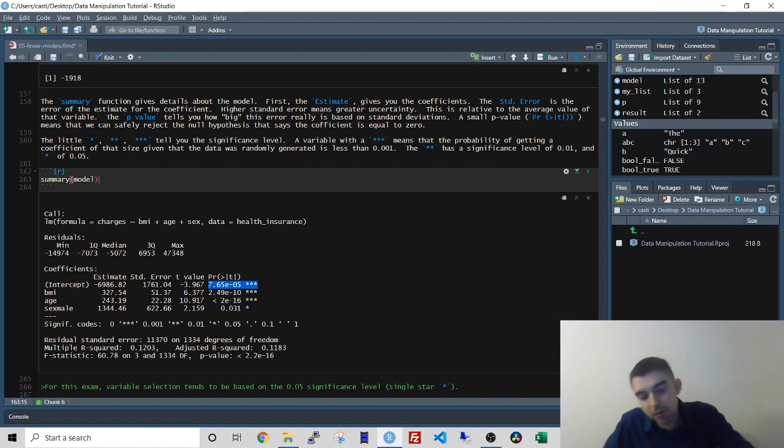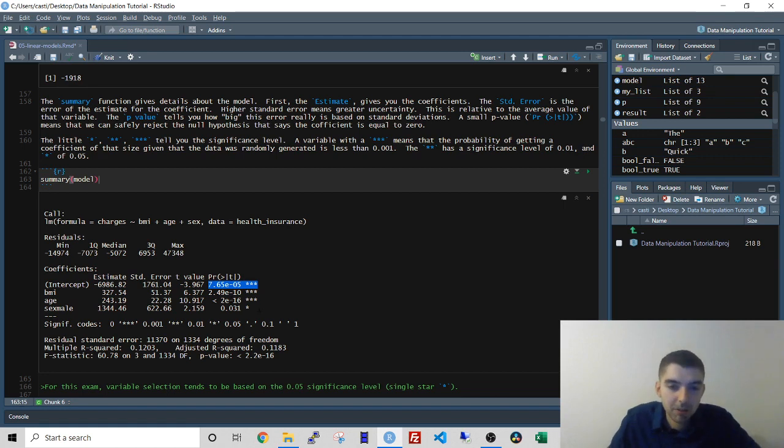The p-values are a way of telling you if the variable is useful. If it's something that is helping the model to make a better prediction, then you want to include it. If it's something that's not helping the model, you don't want to include it. When the p-values are very small, it means that you reject the null hypothesis that says that the coefficient is equal to 0. When the p-value is large, it means that you don't have enough evidence to support using the variable in the model.